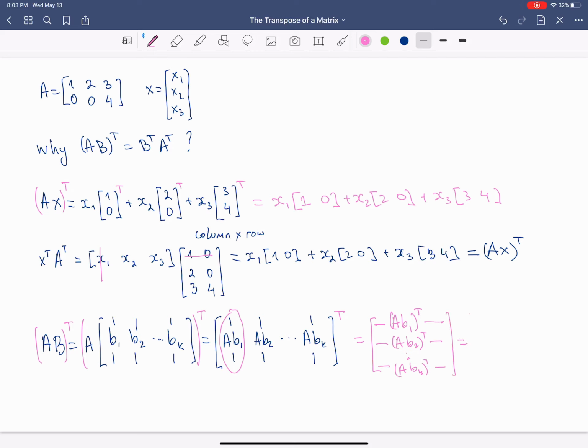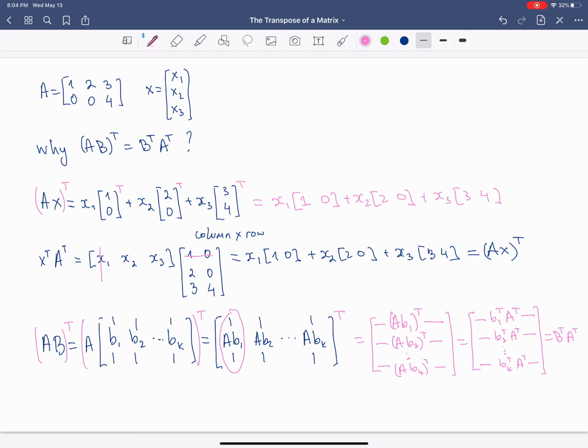But that is the same by what we showed in just the line above. That's the same as B1 transpose A transpose, B2 transpose A transpose, all the way to BK transpose A transpose. But that is equal to B transpose A transpose, where I'm carrying out that multiplication by using the rows of A transpose.